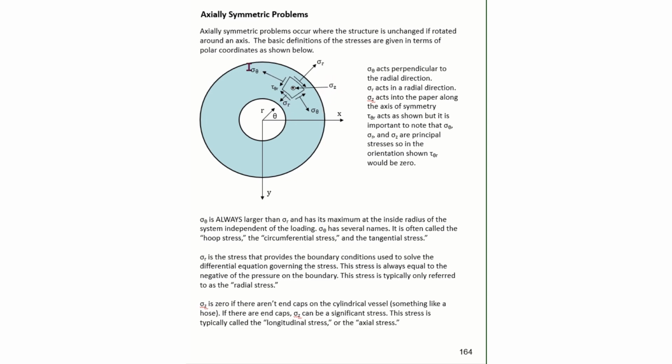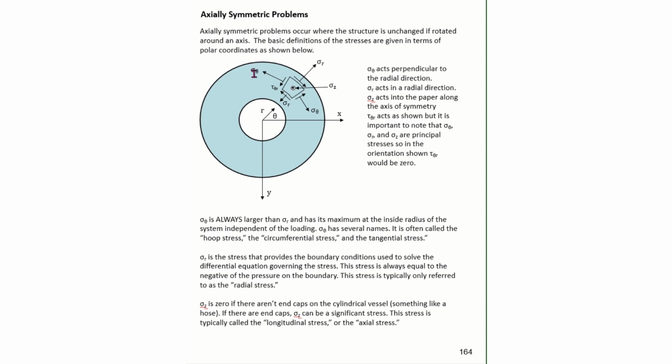Sigma theta here has several names. Sigma theta is often called the hoop stress, the tangential stress, or the circumferential stress, or just sigma theta. So it's the same stress and it's computed with the same equations, but it is given several names.